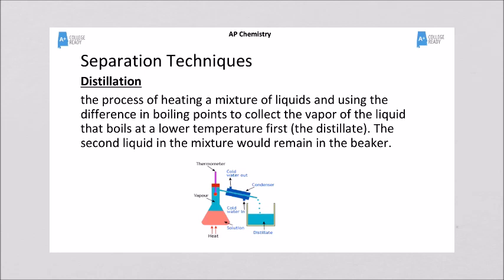One of the liquids would boil first. You could collect the vapor, condense it, and it would drip into another container, and then the second liquid would just remain in the beginning flask.